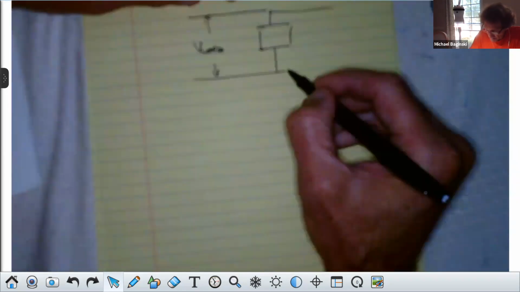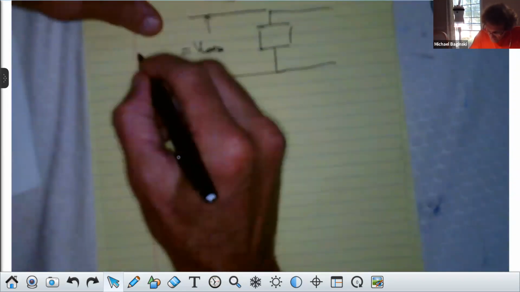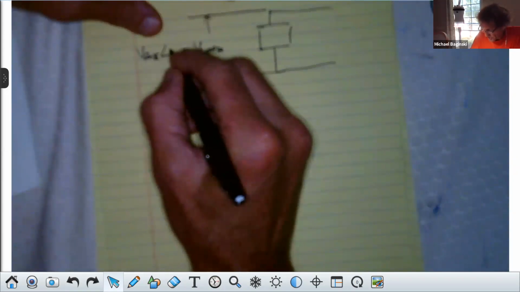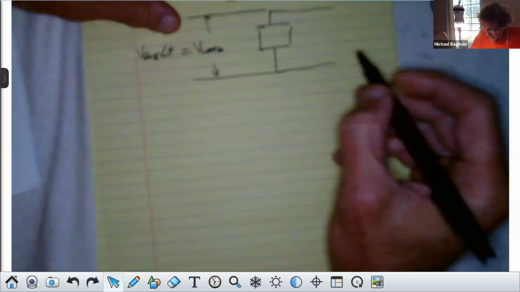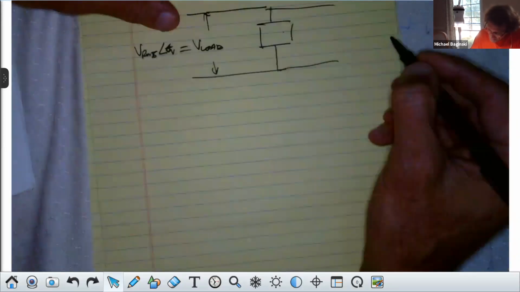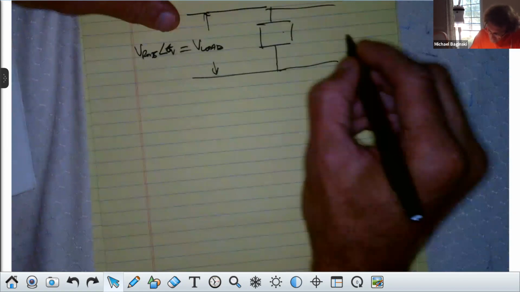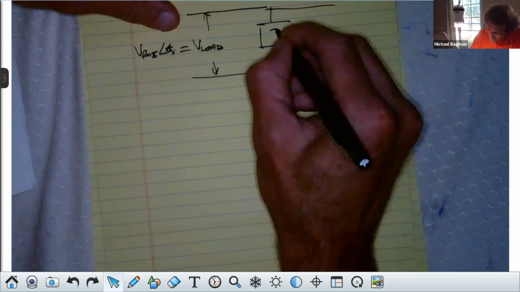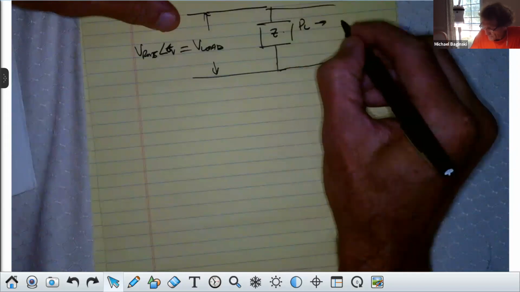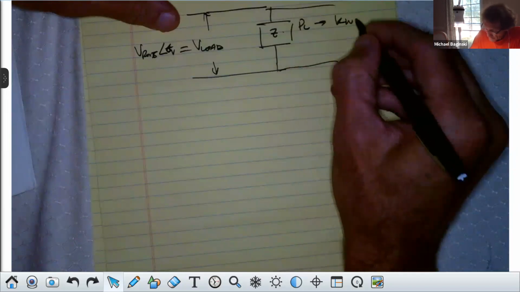Usually this is some magnitude V RMS at some angle, theta V, but that angle is usually 0 degrees. Then here you're going to have something that has an impedance Z and then it has a real power, P load. And the units of this will be kilowatts. It also has a power factor.